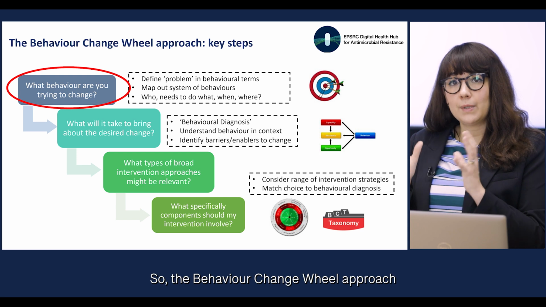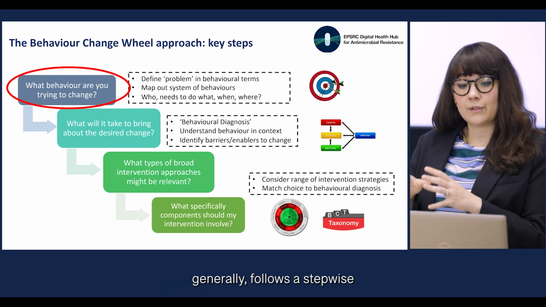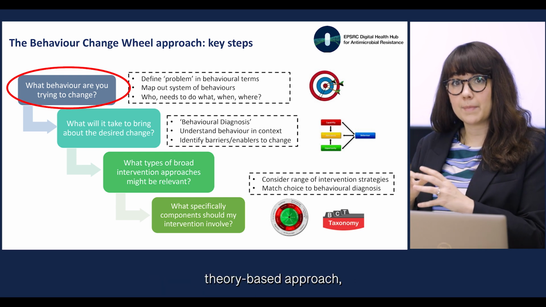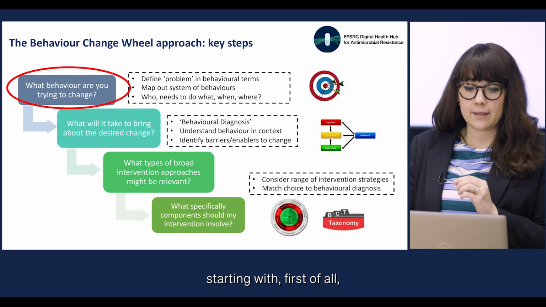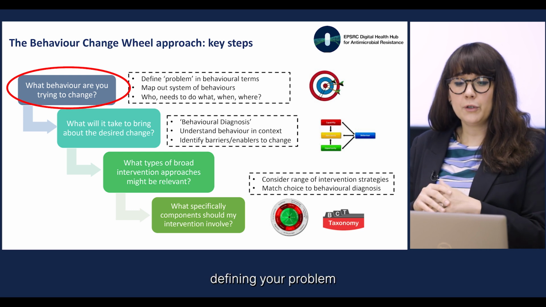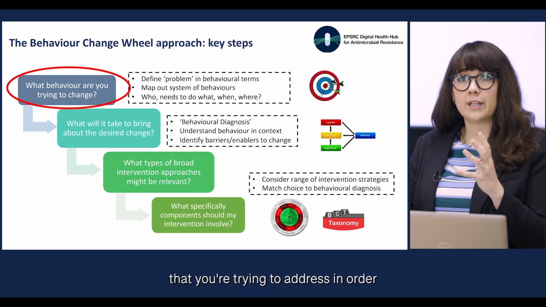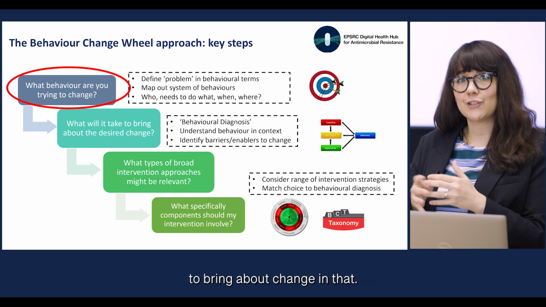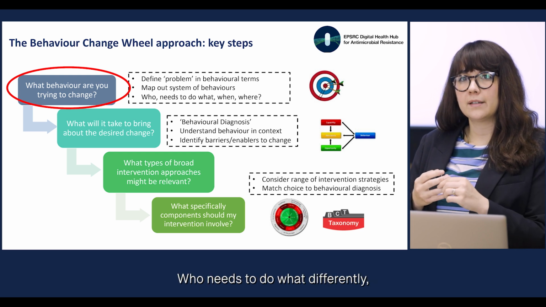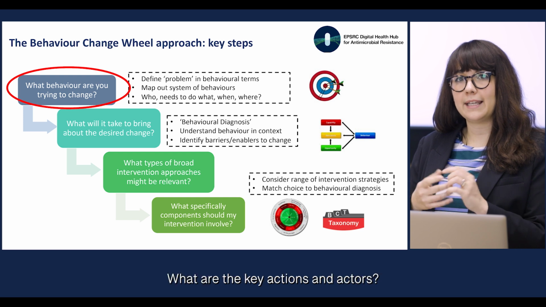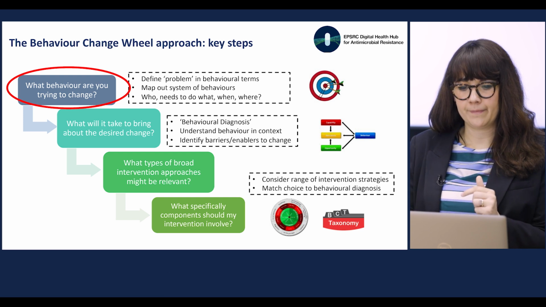The behavior change wheel approach to designing interventions generally follows a stepwise, theory-based approach, starting with, first of all, defining your problem of interest in behavioral terms. So thinking of the challenge that you're trying to address in order to bring about change. Who needs to do what differently, where, and when? What are the key actions and actors?